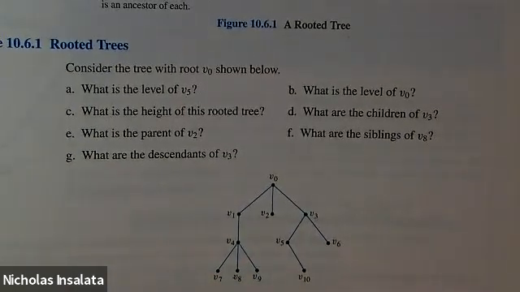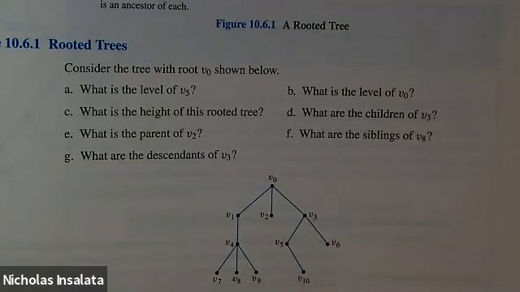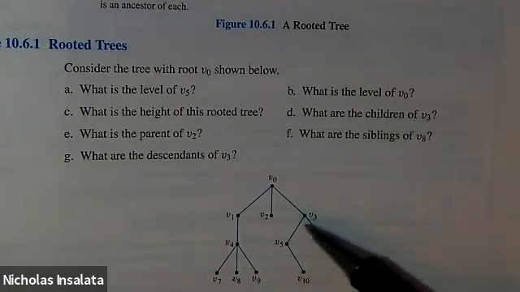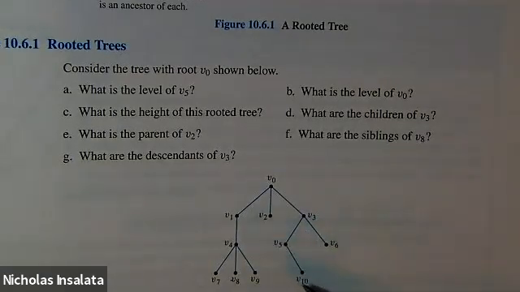And what are the descendants of V3? 5, 6, and 10, very nice. So the descendants of V3 would be this subtree here, which includes 5, 6, and 10. Let's do a couple more.